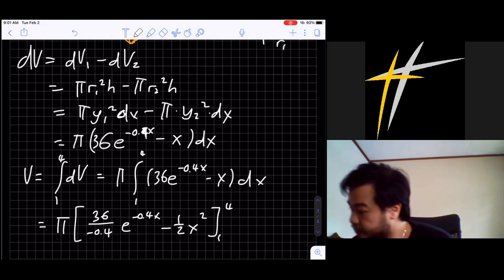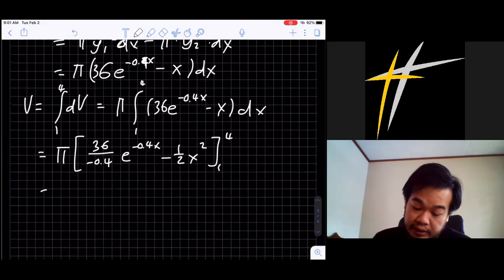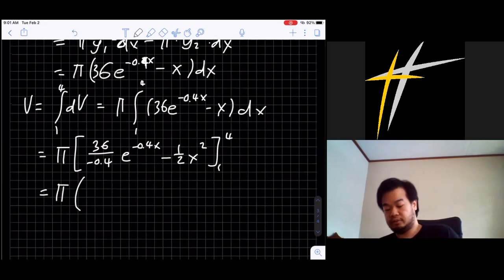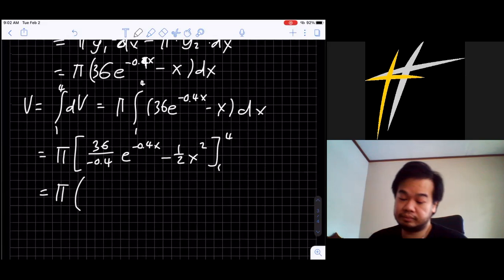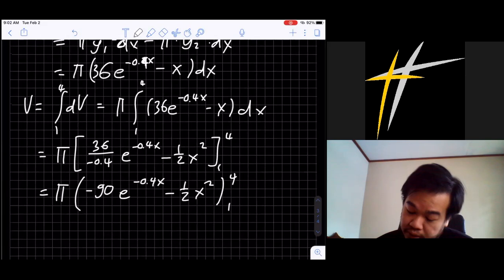Okay, so it's equal to pi, 36 divided by negative 0.4, which is negative 90, so negative 90 e to the power of negative 0.4x minus half x squared evaluated from 1 until 4.